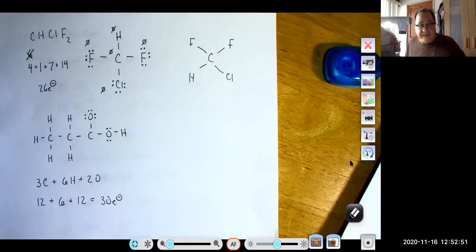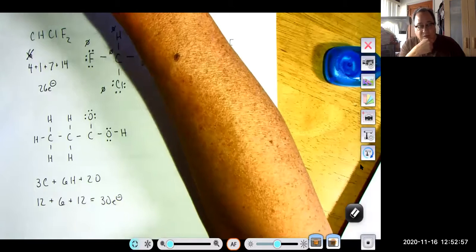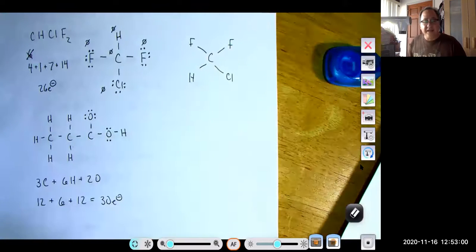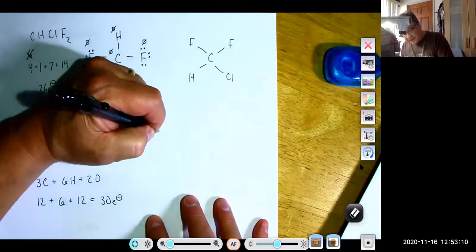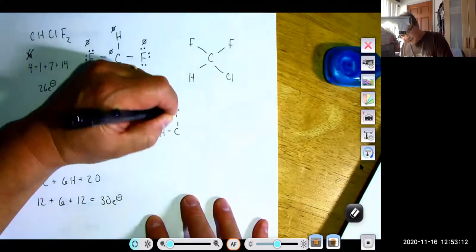Is that how you picked it? Or you could say, if I made a double bond to the wrong oxygen, it would have 3 bonds, and that's why I did not pick that one. So it's pretty clear what you're going to do here, in my opinion, is this.